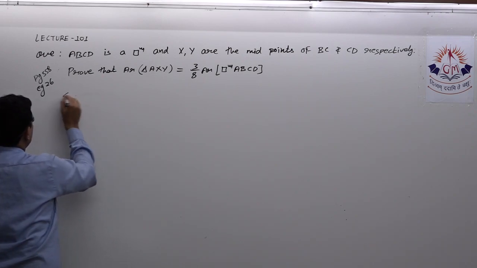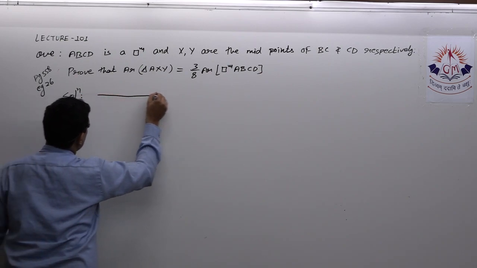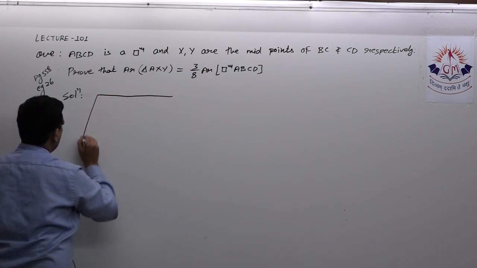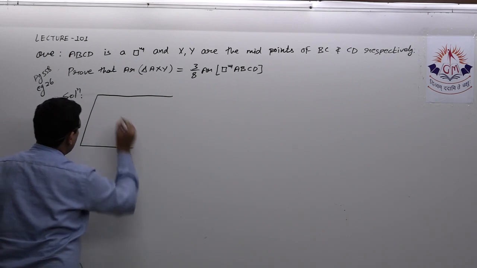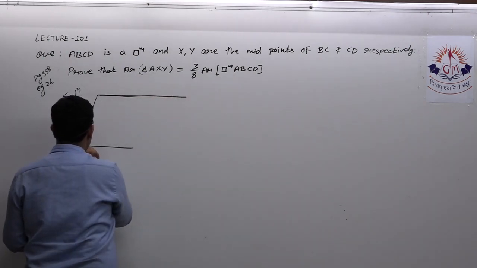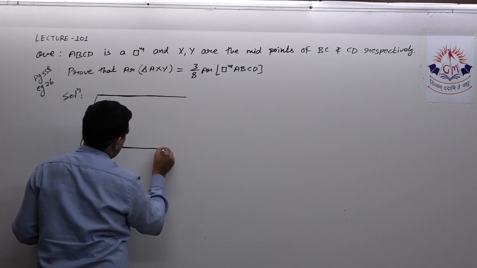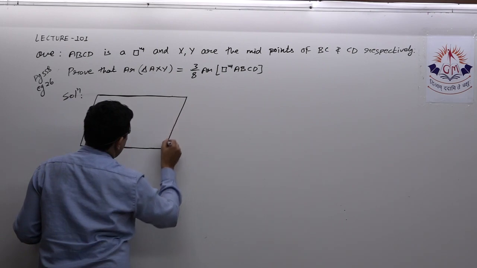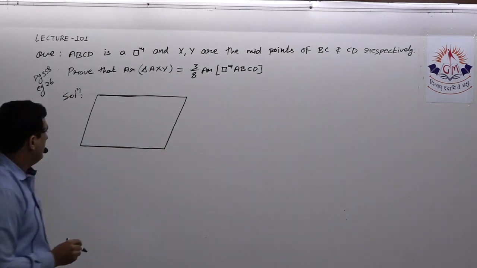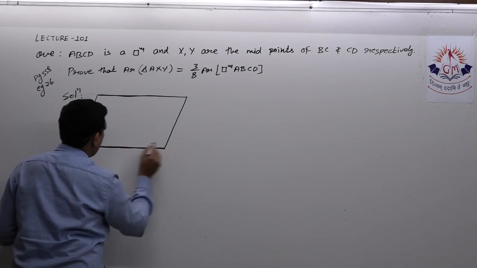So let us see its solution. ABCD is a parallelogram, so let us first draw a parallelogram ABCD. Okay, this is a parallelogram ABCD.